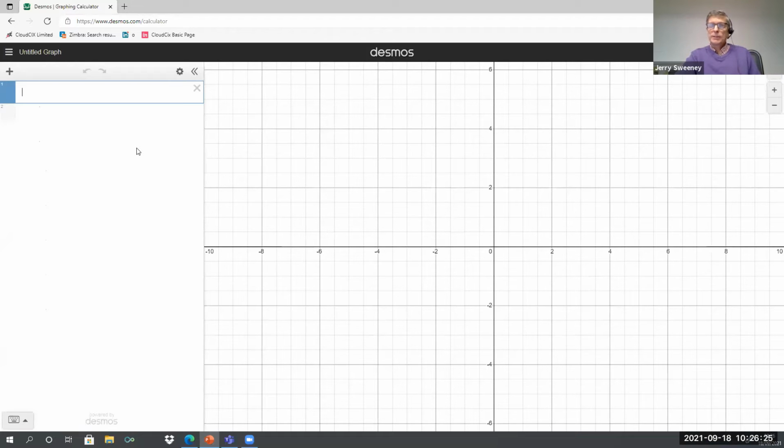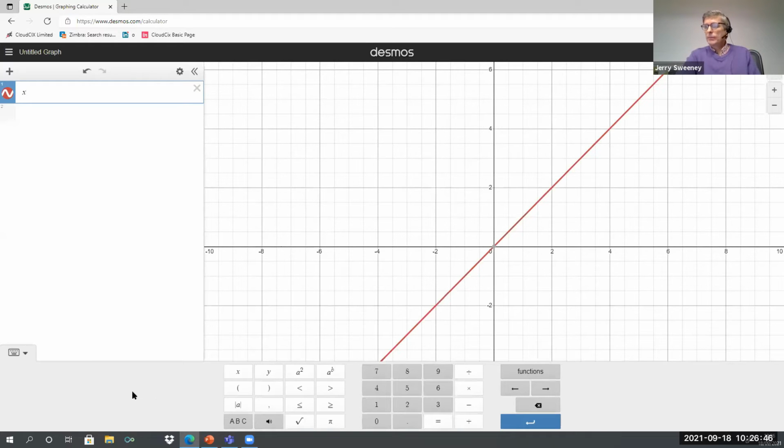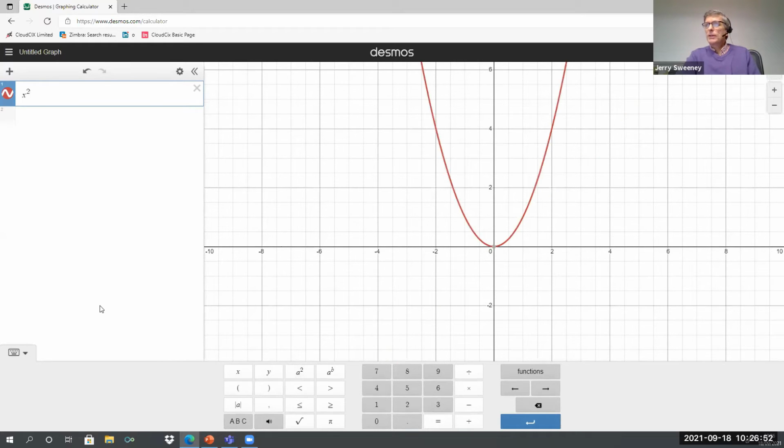So what I want to do is look at some graphing functions. If we plot the function y is equal to x, I mentioned this one earlier, we get a straight line going through the origin. And what I can do is plot x squared.